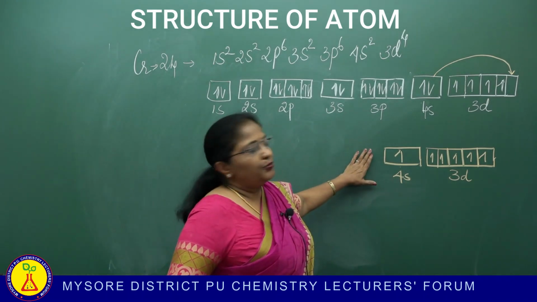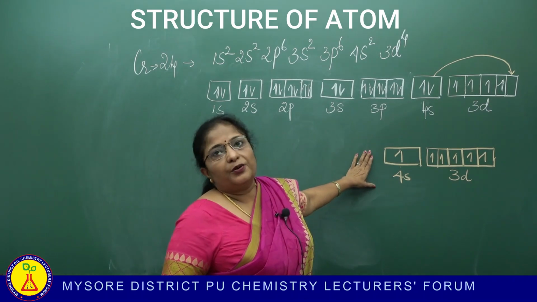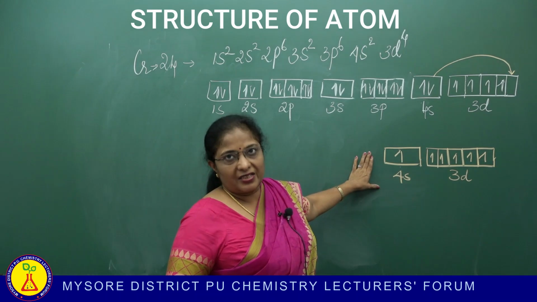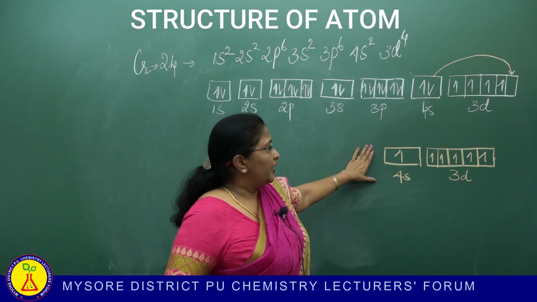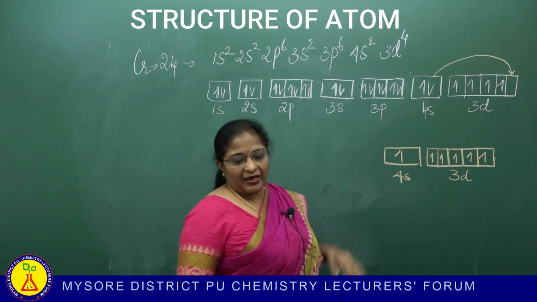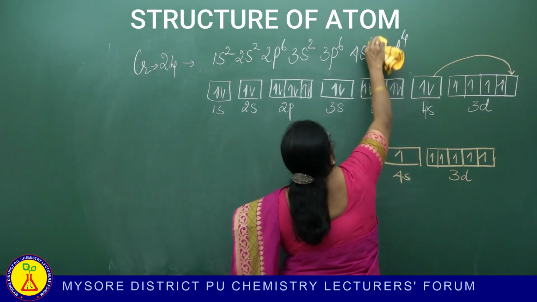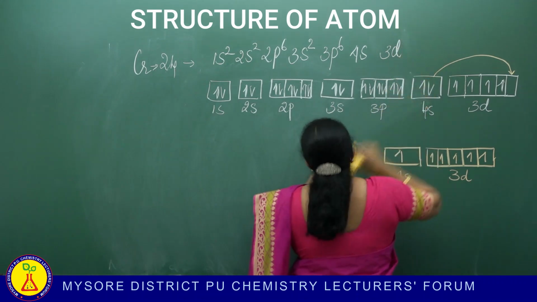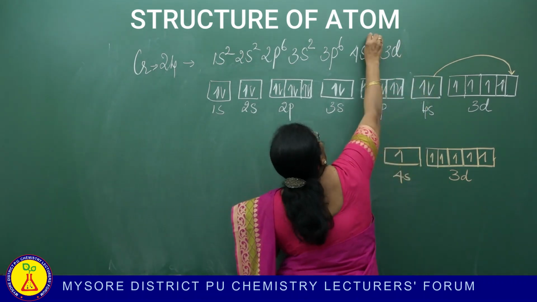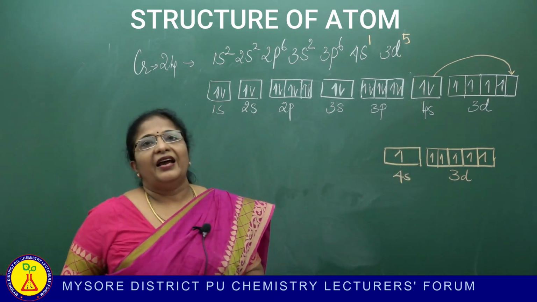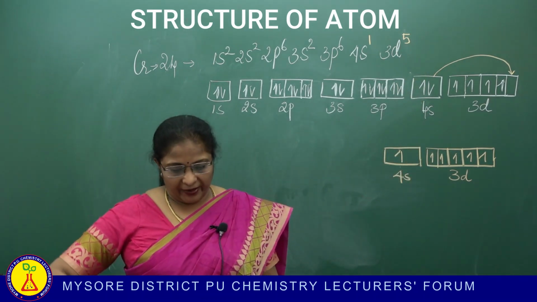Hence, a half filled orbital is going to have a greater stability and a lower energy. Therefore, the correct electronic configuration of chromium is 4s1 and 3d5.